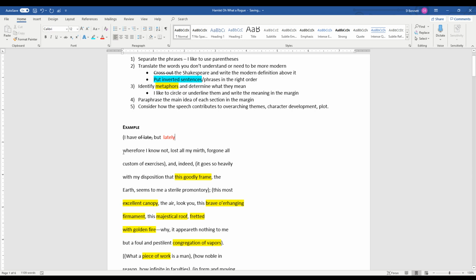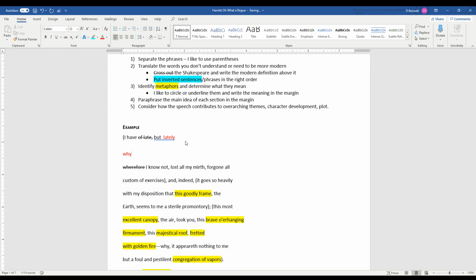I have lately, but wherefore I know not. If you look on your Shakespearean terms list, you will see that wherefore is really why. And we can even rephrase this entire thing: I have lately, but I don't know why. So that's an inverted phrase we have here.